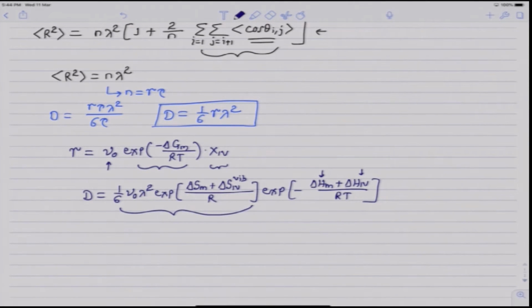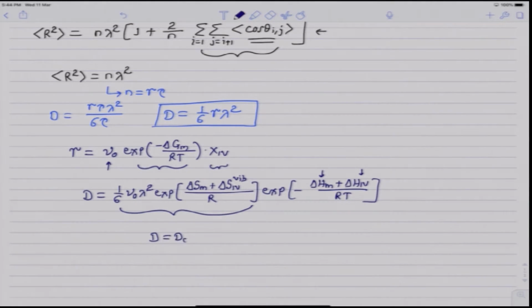Now, if you see the first term including nu_0, lambda and the entropic term, they are relatively independent of temperature. The second exponential term is strongly dependent on temperature. So, usually the temperature independent terms are combined together and denoted as D_0.